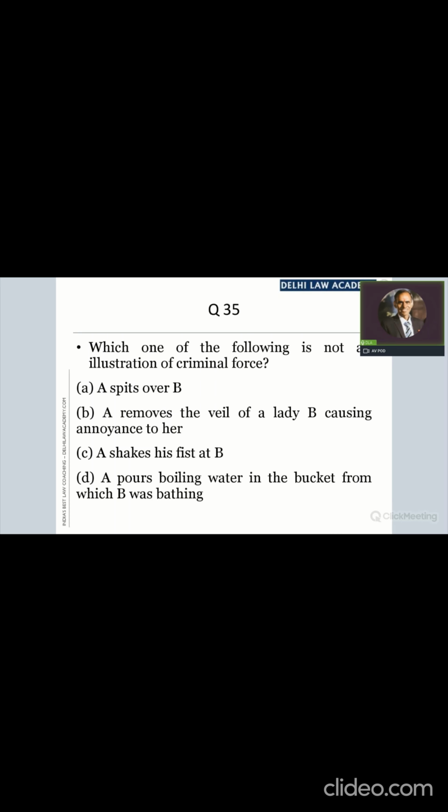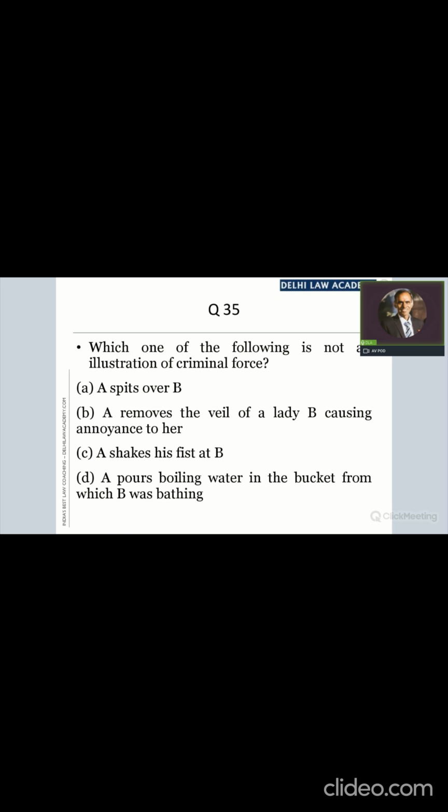The use of force becomes criminal when it is being used without the consent of the person, and also if it is intended to cause annoyance to the other person. Now, if we take option D, A pours boiling water in the bucket from which B was bathing. Now, even if we say that this amounts to use of force, is it use of criminal force? Use of force becomes criminal if it is done without the consent of the person concerned.